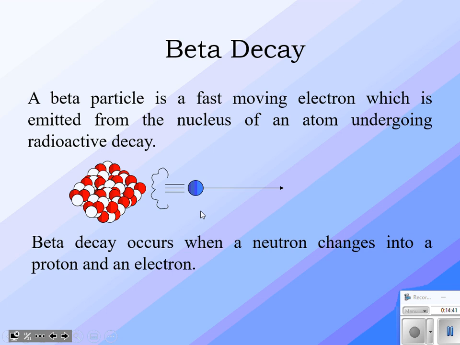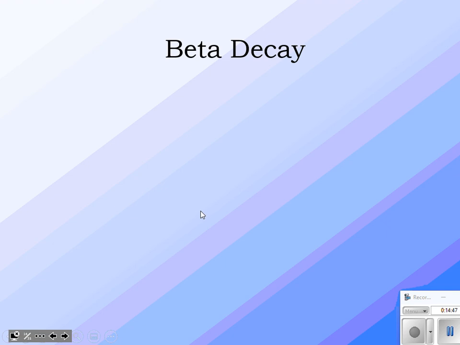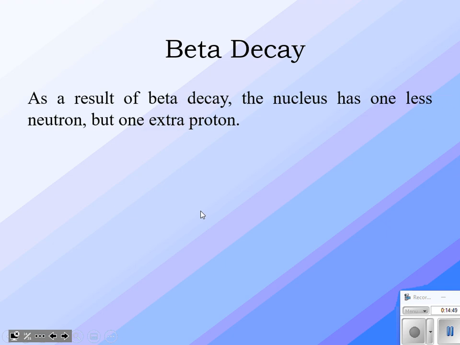So does it change the element? Absolutely. So when I'm doing beta decay, the nucleus has 1 less neutron, but has 1 extra proton. Does that change my top number? Changing a neutron to a proton.